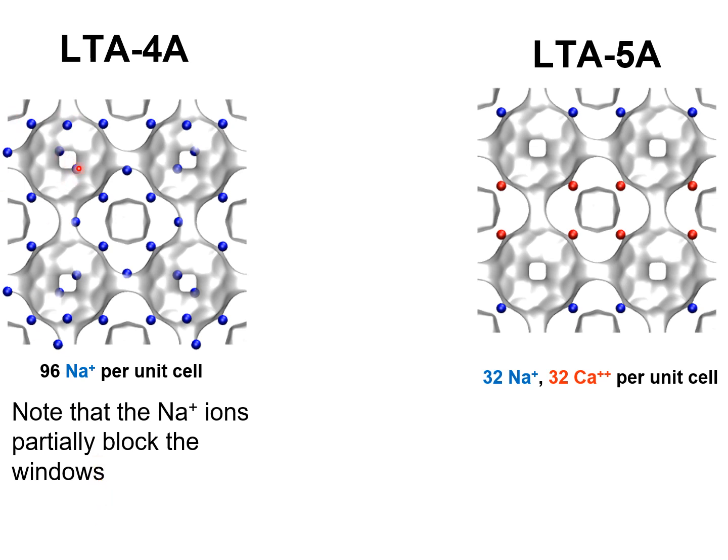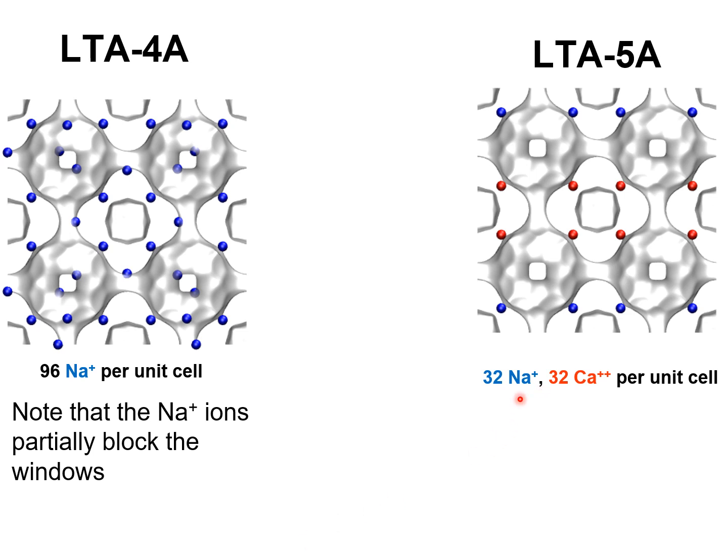Particularly noteworthy is that the sodium cations partially block the windows, and therefore the diffusivities of the gas molecules are significantly lowered due to the hindering caused by the presence of cations at the window sites.